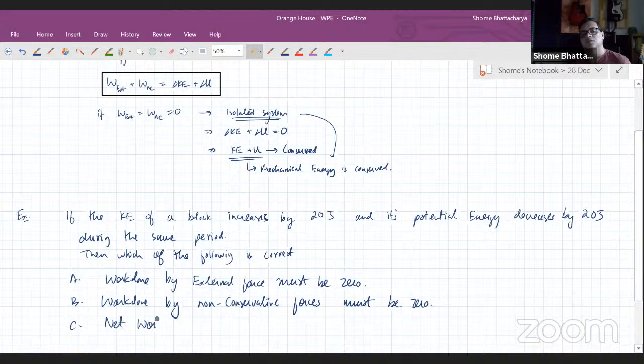Option C: net work done by external and non-conservative forces must be 0.